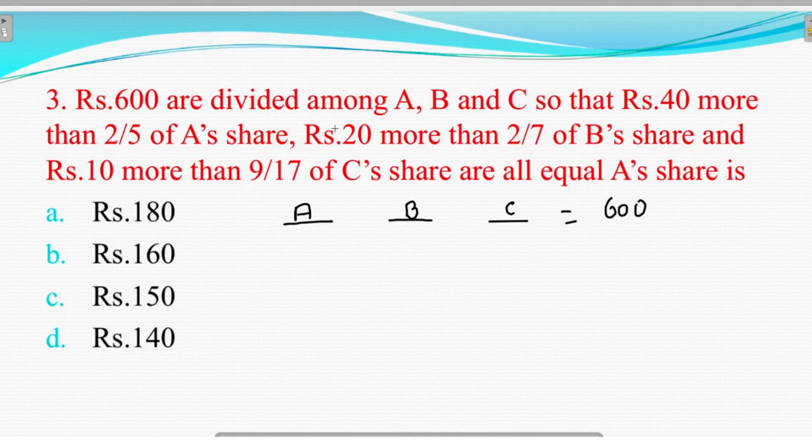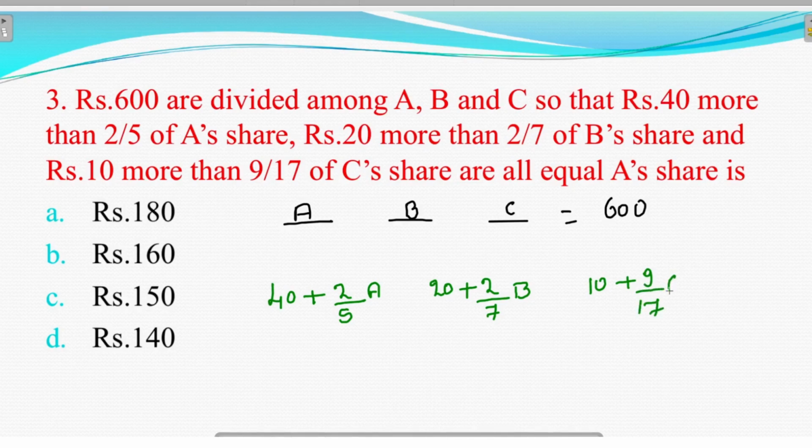Now again the second condition, 40 more than 2 by 5 of A's money. 40 more means plus 2 by 5 of A's money, that is, first person's money A. Then 20 more than 2 by 7 of B's money. Then 10 more than 9 by 17 of C's money.